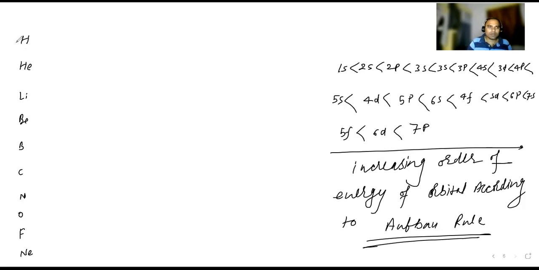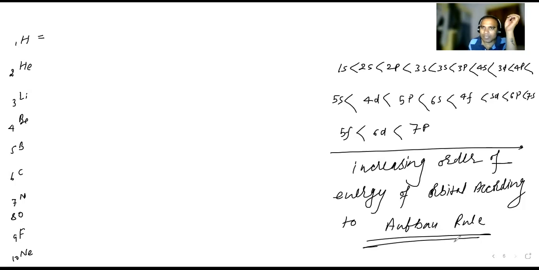So here is 1, 2, 3, 4, 5, 6, 7, 8, 9, and 10. If you are talking about hydrogen, these are atomic numbers, meaning number of electrons. If there is no charge, for a neutral atom, atomic number means number of electrons. So only one electron is there.